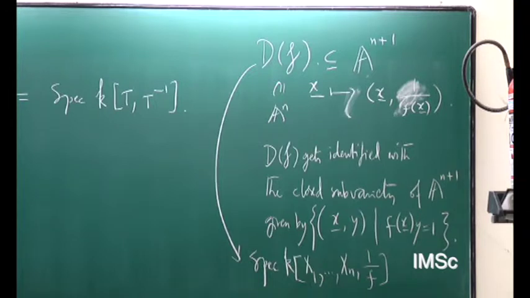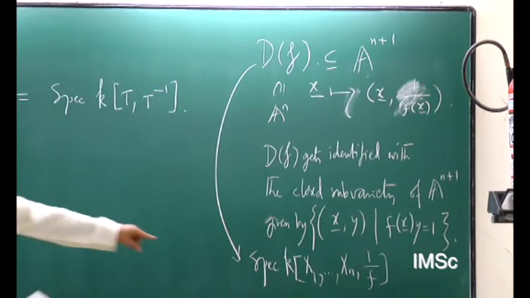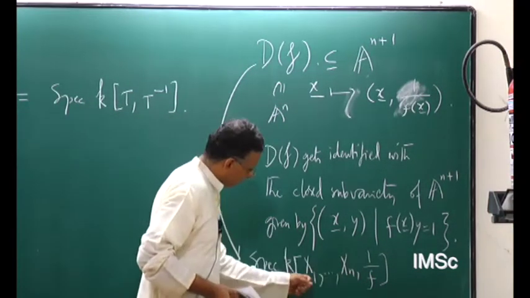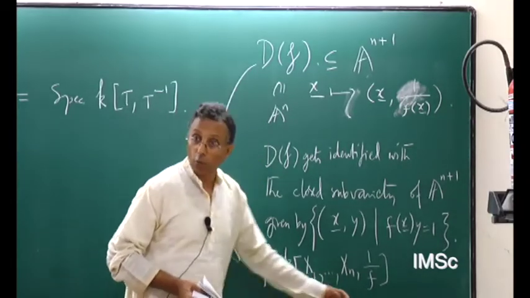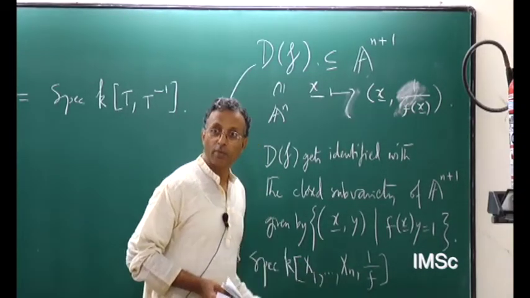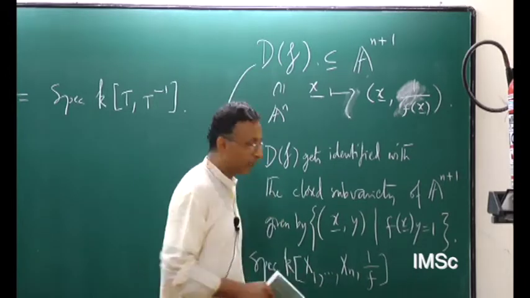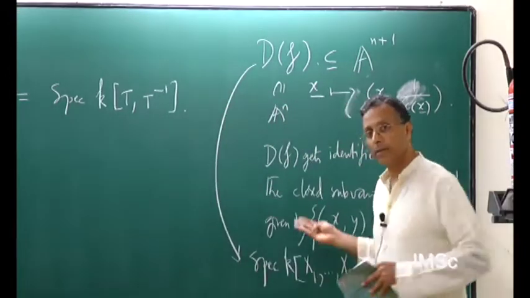And working through it, you will see that you can realize the spectrum as a subvariety of the affine space with as many variables as you took. Here, of course, you would take n plus 1 variables, x1 through xn and one more extra y, and you would map y to 1 over f, and if you work through it, it is the same as this.